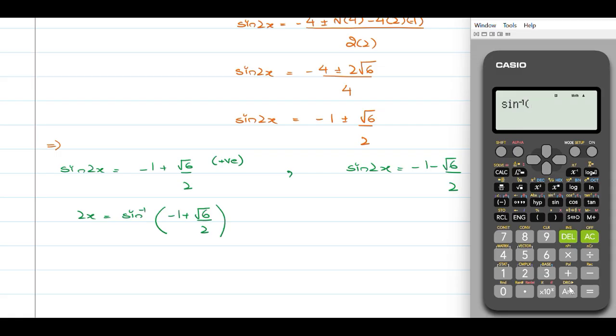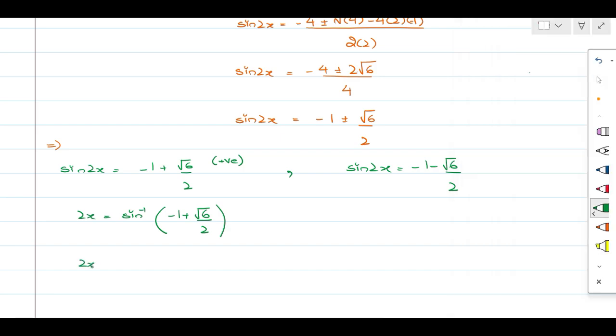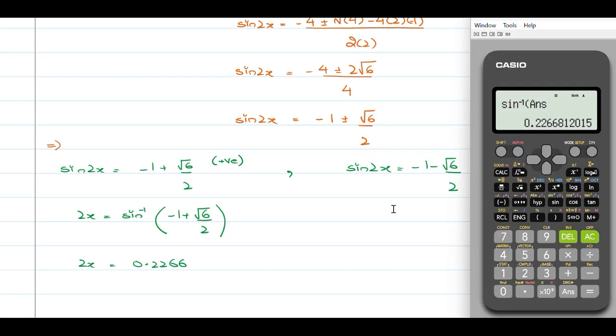Sine inverse of the answer in radians is 0.2266. So 2x is 0.2266, and to solve for x, you have to divide it by 2, which is 0.1133.